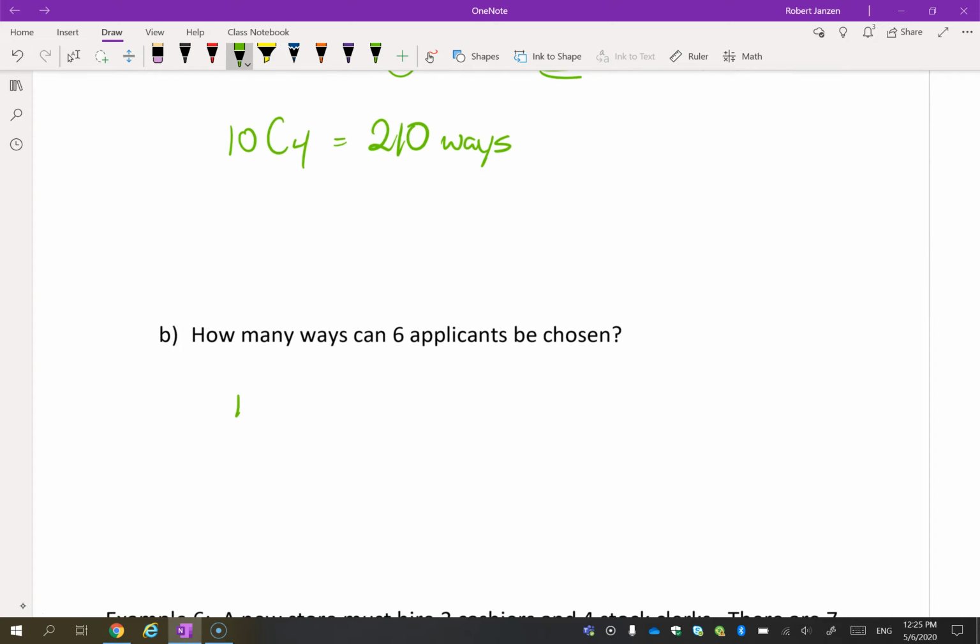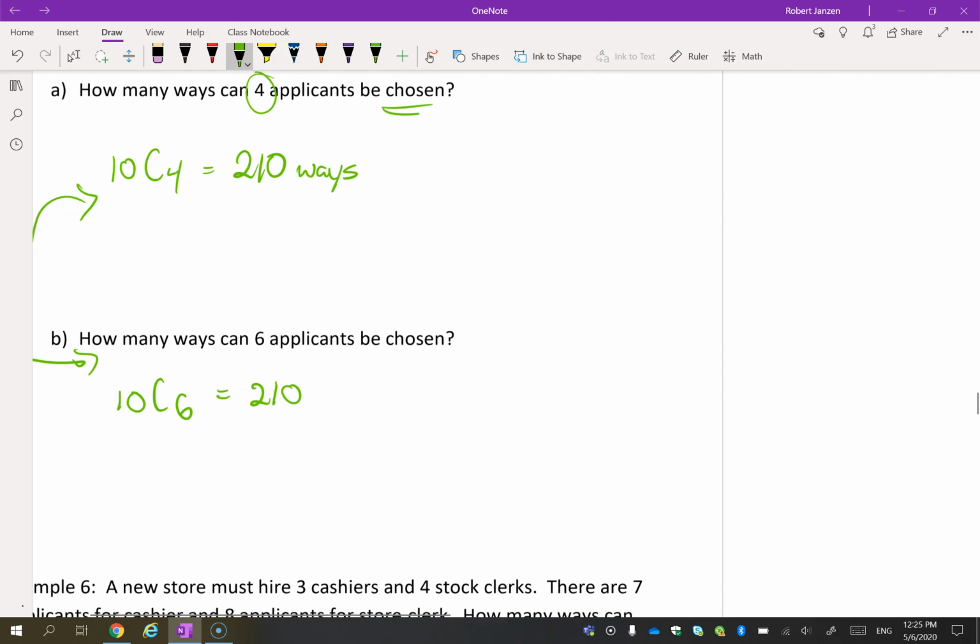Okay? Now here's something that for some reason this course really gets hooked on. If I go 10 choose 6, it's also 210. And the question is, why are those the same answer? It has to do with the formula. What is 10 choose 4? It's 10 factorial over 4 factorial times 10 minus 4 factorial.